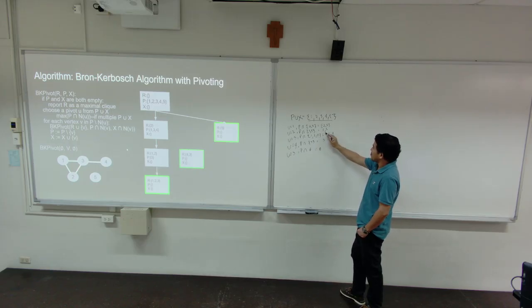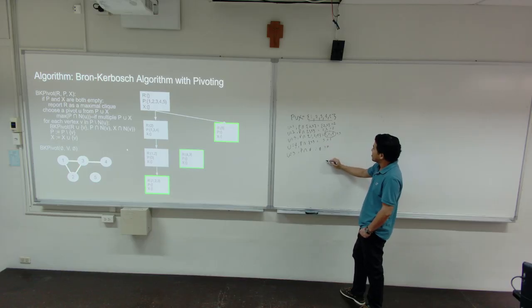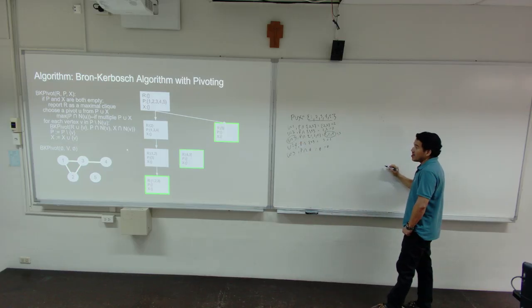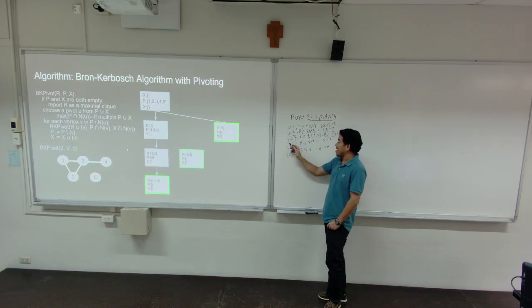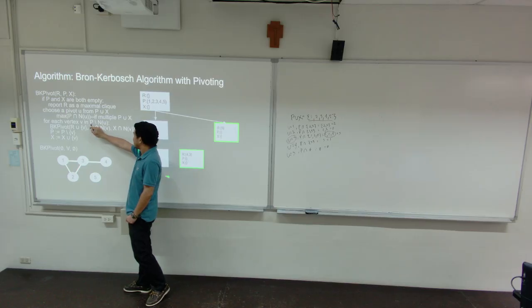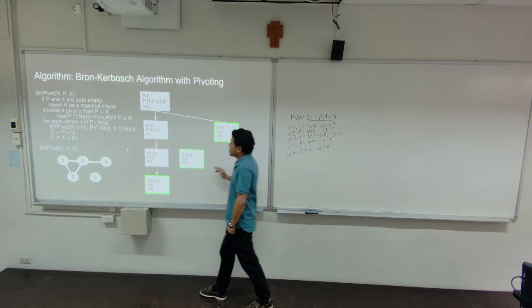In this case, we have this one. This is 3, this is 2, this is 2, this is just 1, and this is null. So we have this, u is 3. So we're now going to assign the value of u to this.